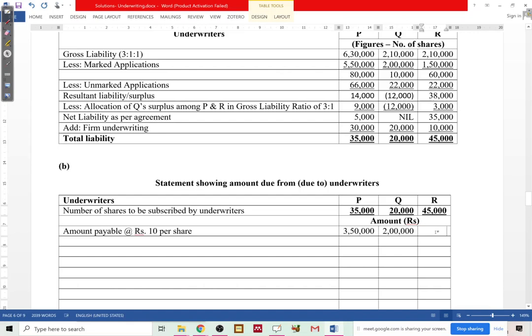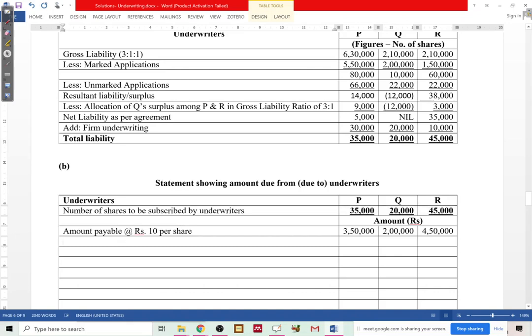Same way, R, if he is taking 45,000 shares, he will be paying 4,50,000, at 10 rupees, right? So I just added another 0 to this. I'm not showing this calculation separately in the working note, it's not required. You just know that this is to be multiplied, 10 into whatever their total liability is. Is this clear?